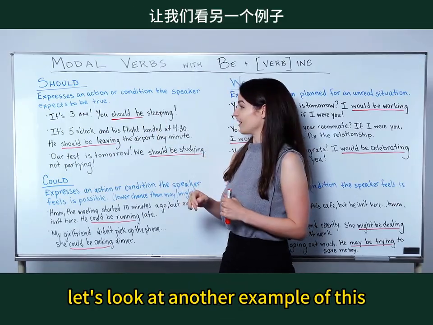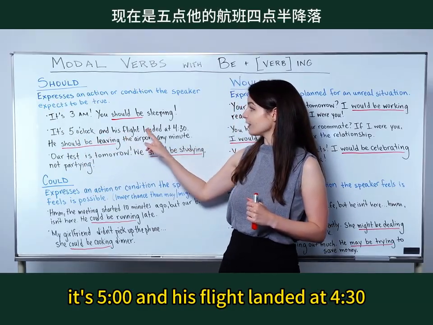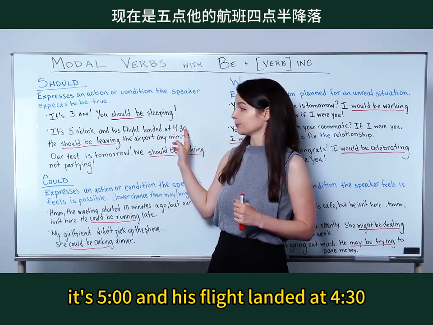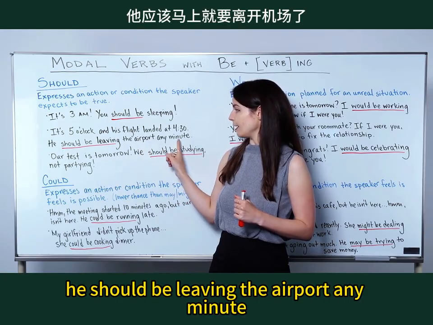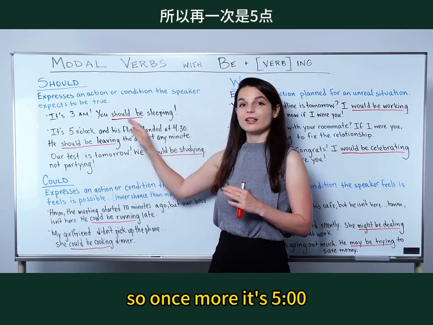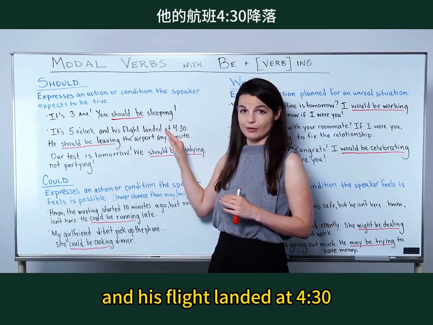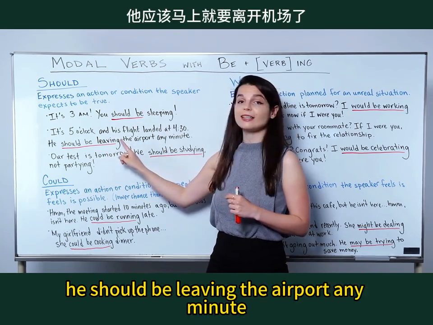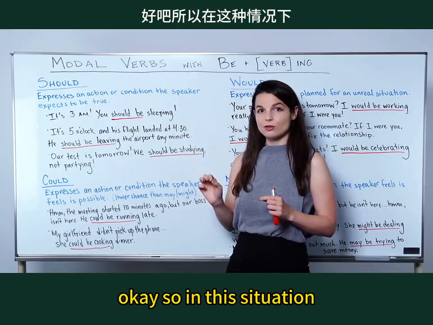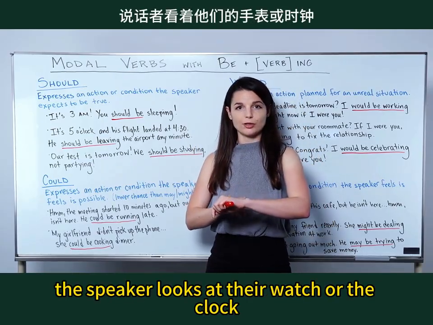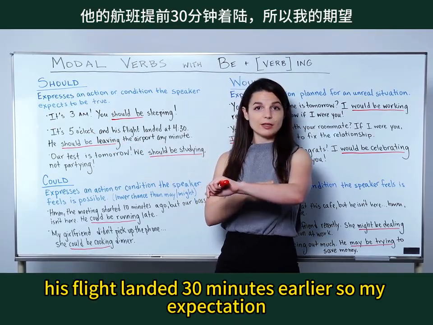Let's look at another example of this. It's 5 o'clock, and his flight landed at 4:30. He should be leaving the airport any minute. Okay, so in this situation, the speaker looks at their watch or the clock and sees it's 5 o'clock now. His flight landed 30 minutes earlier.